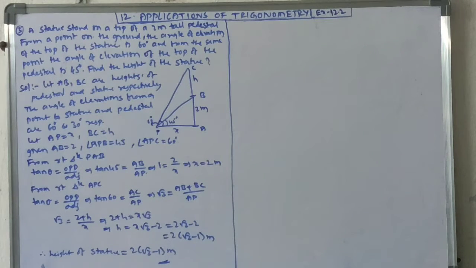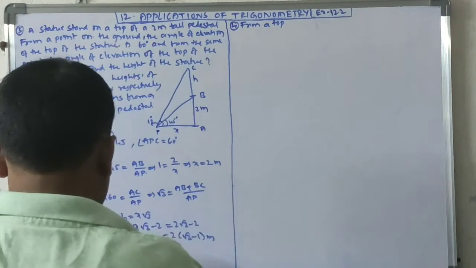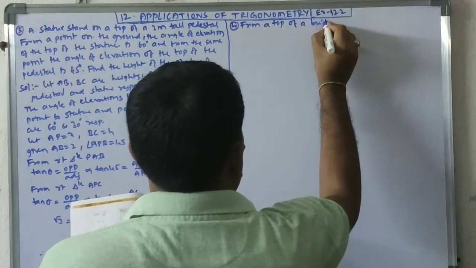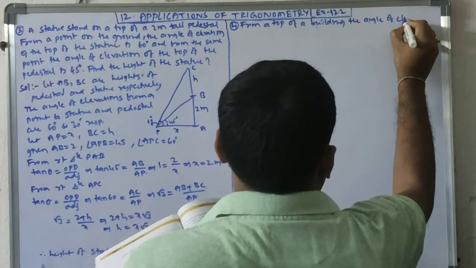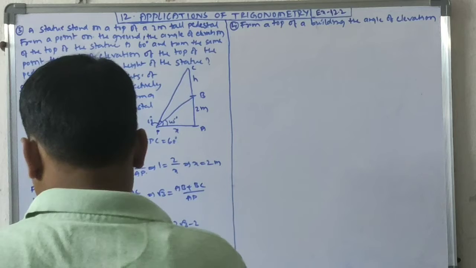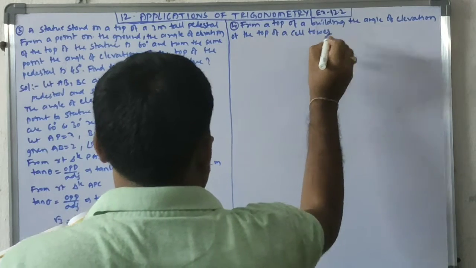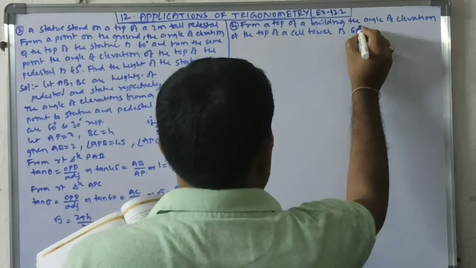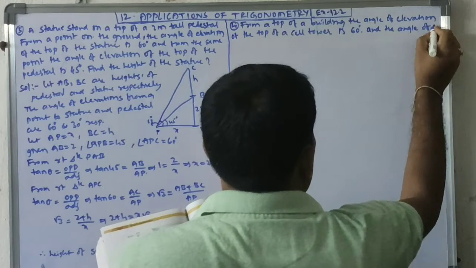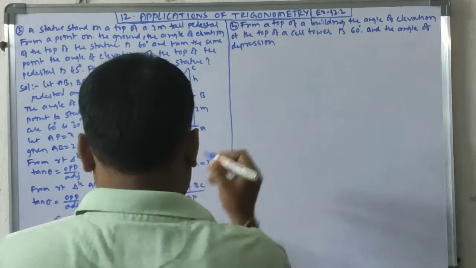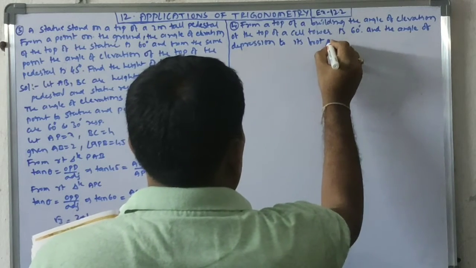Okay. Next, question number 4. From the top of a building, the angle of elevation of the top of a cell tower is 60 degrees and the angle of depression to its foot is 45 degrees.